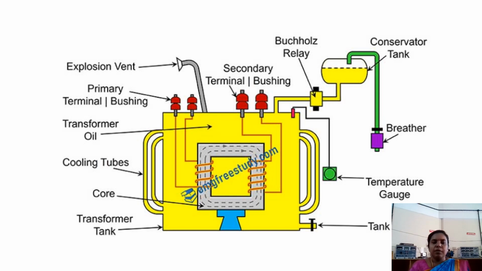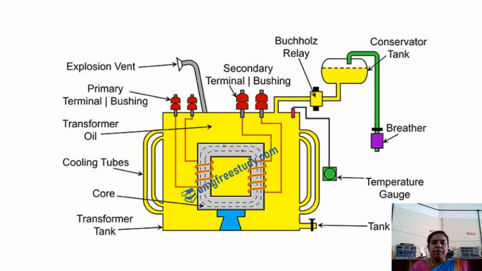Now you can see the schematic which shows the physical appearance of a transformer. The previous diagram helps in the theoretical study, but this is the exact physical appearance of a transformer.